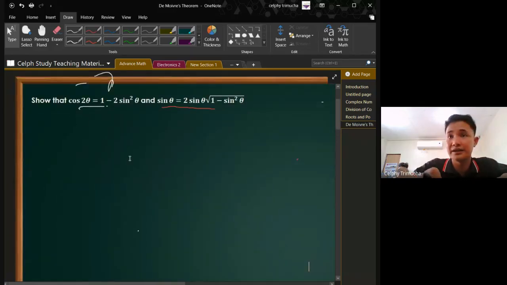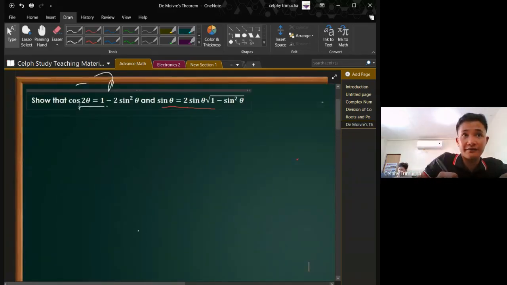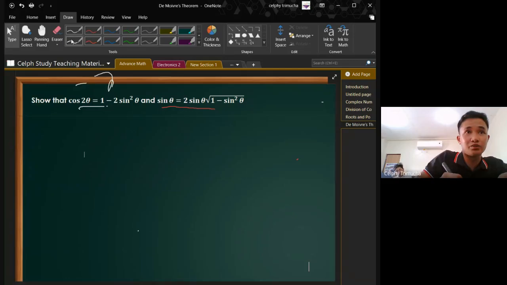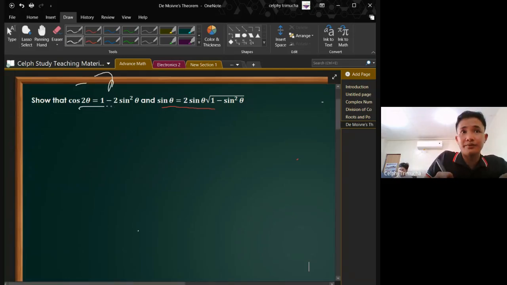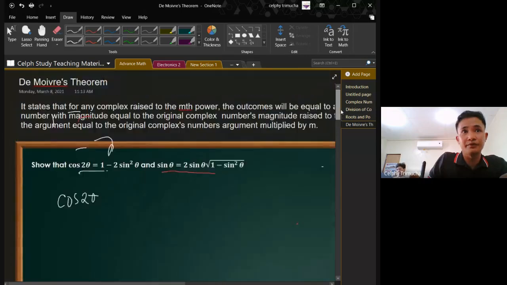Okay, let's proceed na. So we have given nga cosine 2 theta is equal to 1 minus 2 sine squared theta. So amo ni aton ni i-prove. So start lang kita, we have cosine 2 theta. So dapat parehas gid nga form sa babaw.